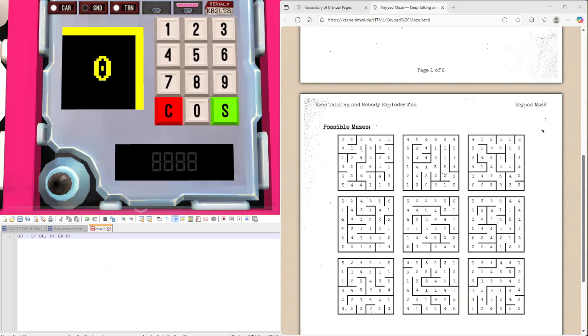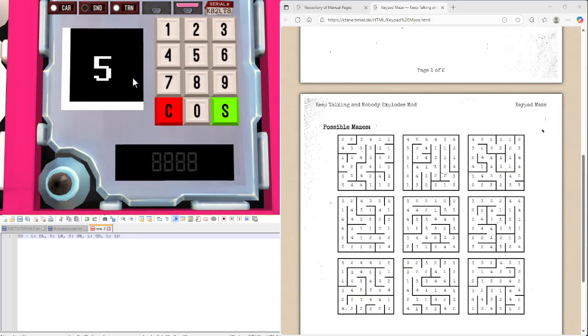Up takes us to up, right. Left takes us to up, down. Left takes us to left, down. So it's sort of a sneaky pattern like that.